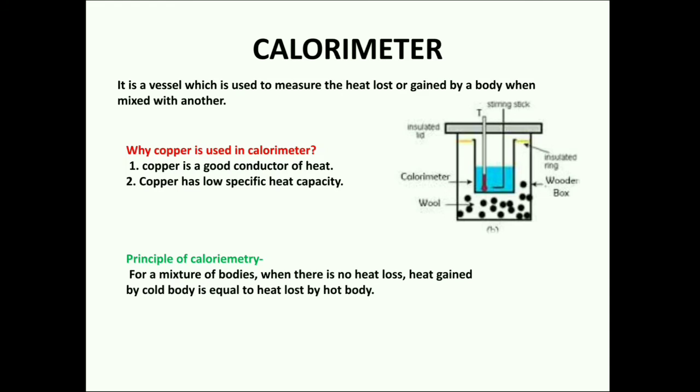So the principle of calorimetry states, for a mixture of bodies, when there is no heat loss, see, in this calorimeter it is insulated properly so that there is no heat loss, the heat gained by the cold body is equal to the heat lost by the hot body. This is the principle of calorimetry. Heat lost by one body is equal to heat gained by another one. So heat lost equals heat gained.